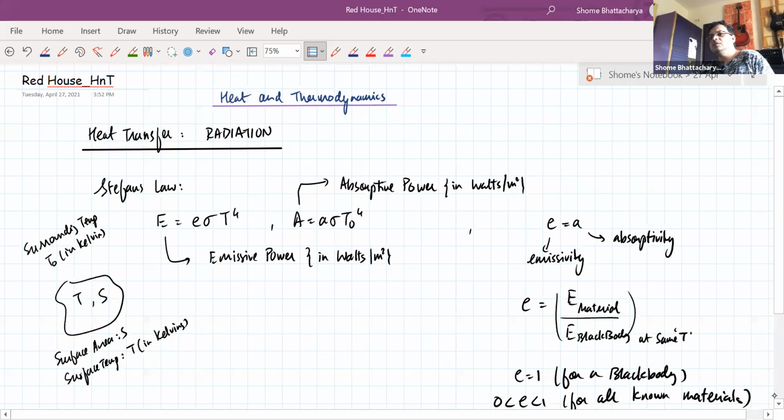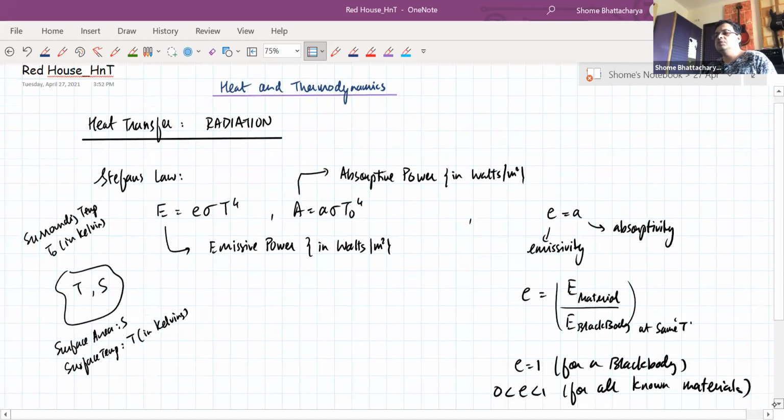So in normal materials, there are substances like lamp black, etc., that come reasonably close to black bodies, in the sense that their value of e might be about 0.94, 0.93, etc. But nothing which has e equal to 1 or even can be approximated as e equal to 1 in that sense.